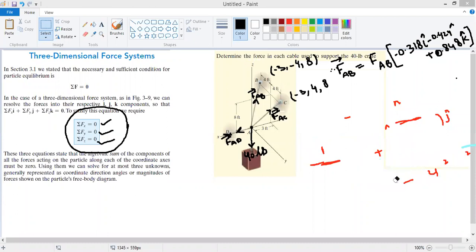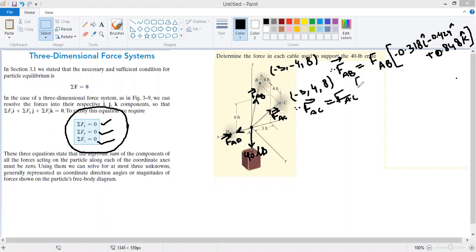Similarly, we will write our FAC. If we have to write this FAC, what are the components of point C? Minus 3, 4, and 8. Then the vector FAC can be written as the magnitude of FAC and the unit vector from A to C, that is the x component of this minus the x component of this.